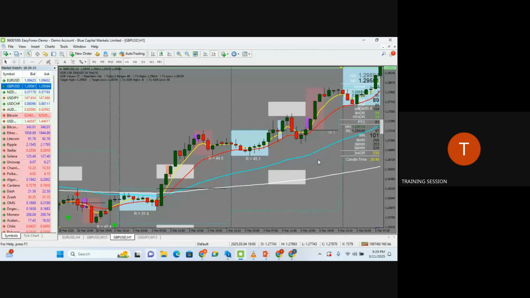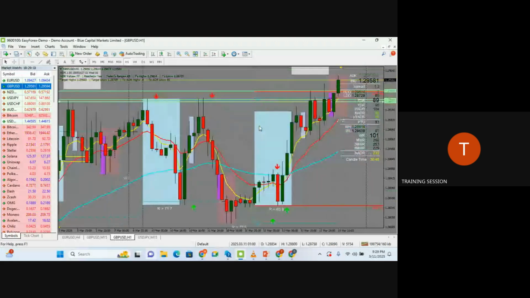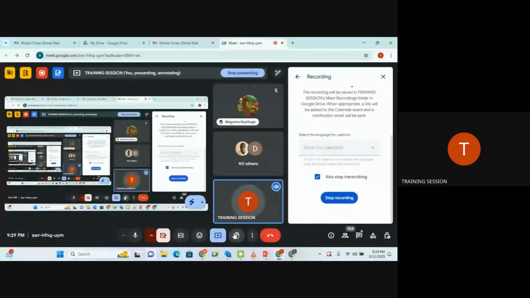What is the name given to these two here? We have these two here. Tell me the name given to these two. Let me see down there on the chart. Tell me the name. Nobody has spoken.